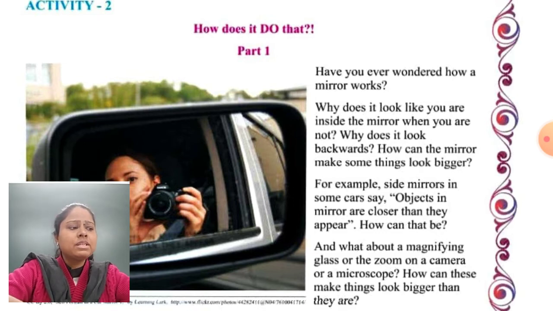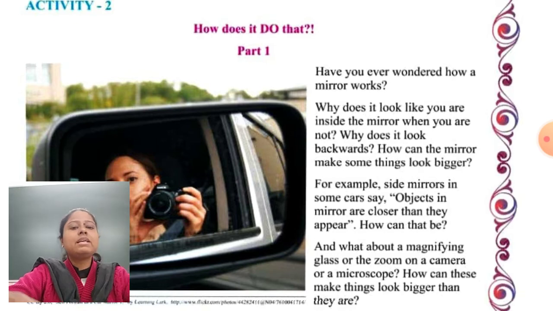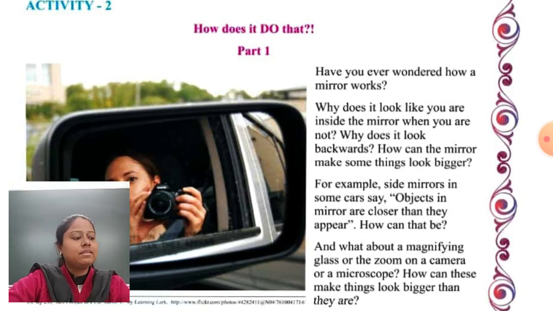About that we have seen that the mirror used in the car is a convex mirror, and a convex mirror diminishes the size. Whenever the object comes closer to the mirror, the image gets larger, and when it is approximately touching the mirror, it looks bigger.